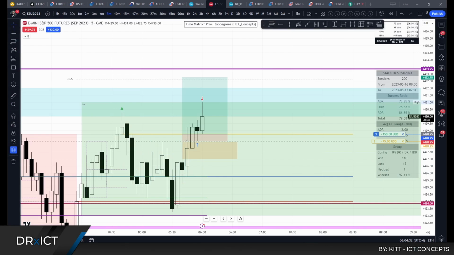ES is my jam. I think we're accurate with how we have our stop. How we have our entry is just a little bit below. There we go. It's our entry.